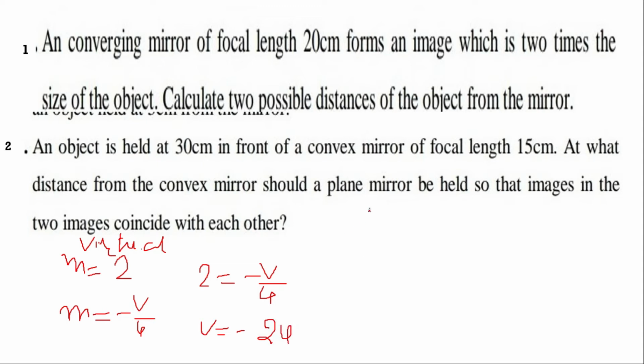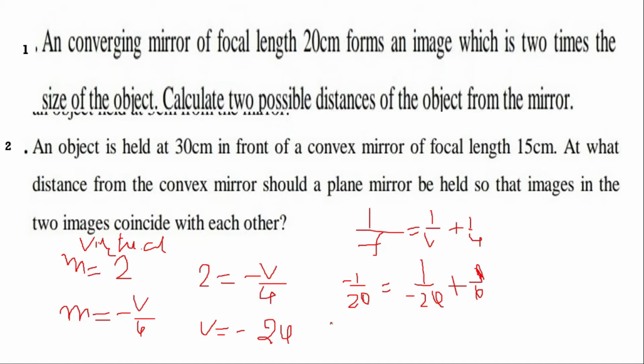Again we'll apply the formula 1 by f equals 1 by v plus 1 by u. Then again we'll apply the same value, 1 by 20, and this time v equals minus 2u because we are getting that value, and this is 1 by u. Okay, understood? This is 1 only. This is only 1.